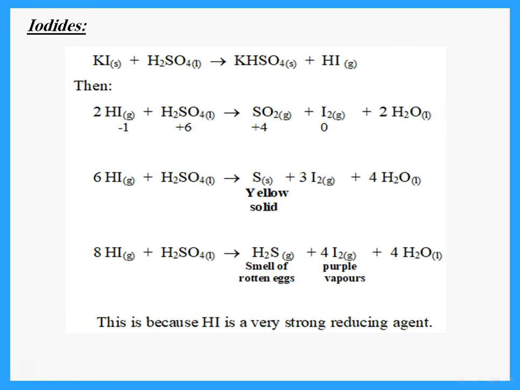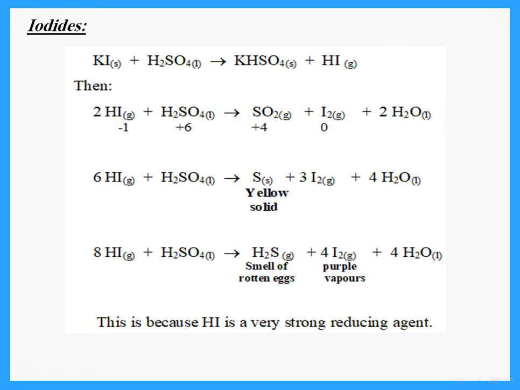Now, with iodide, because the HI is a very strong reducing agent, it continues to react with the sulfuric acid. So the HI that is formed at the beginning reacts with sulfuric acid again. It could form sulfur dioxide, iodine, sulfur, and H2S, which is hydrogen sulfide.